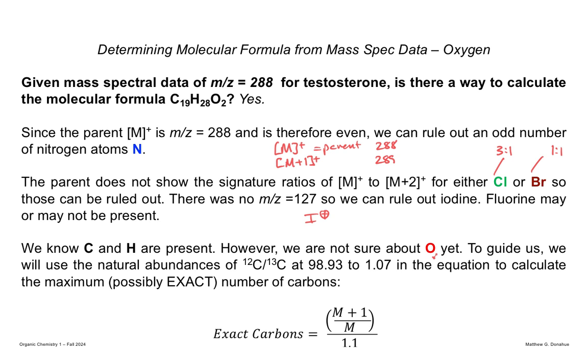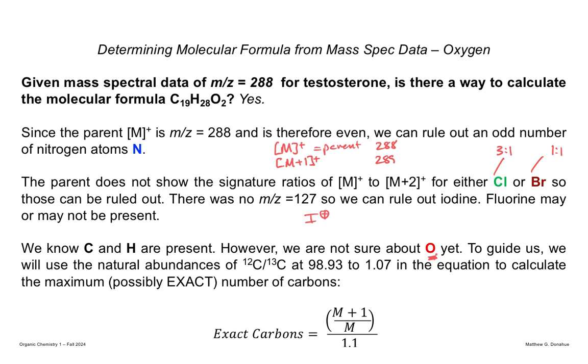this conundrum of oxygen. And to help us get to a right answer faster, or a best claim, we're going to use this equation that says the exact number of carbons is equal to M plus 1 divided by M, and then all of that divided by 1.1.